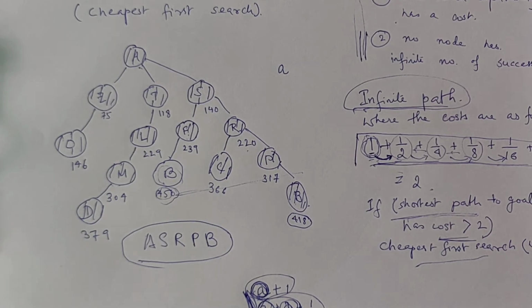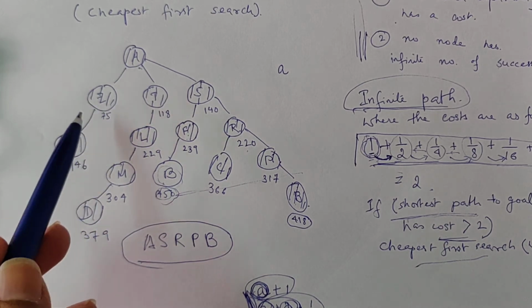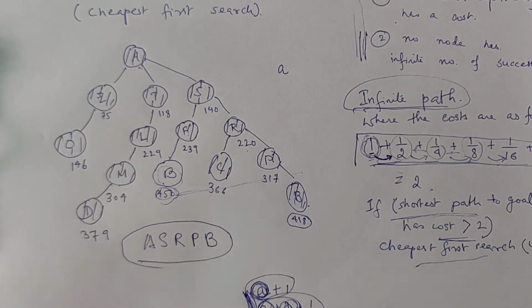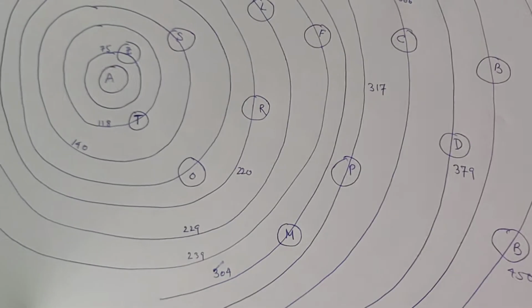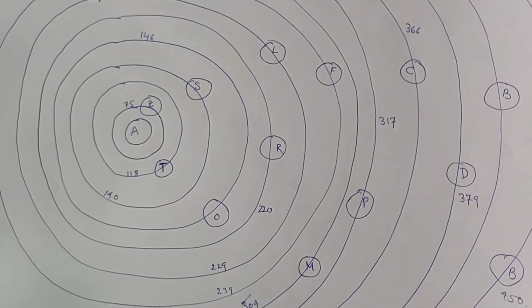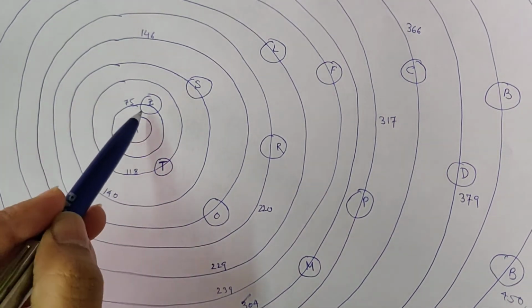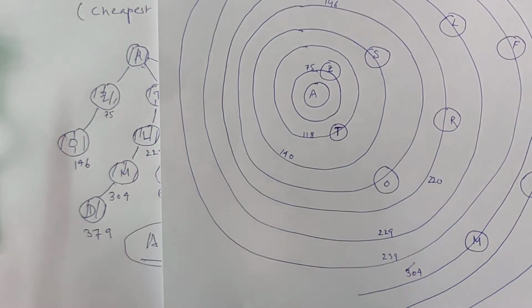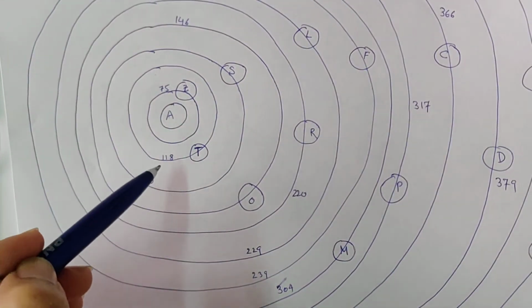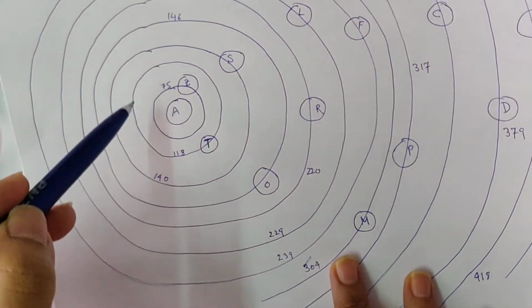Now, as we see, if I plot the path costs from the start node as contours on a paper or on a graph, I get a contour something like this. At the center, I have the start node A. On the contour of 75, I have Z because Z was the path cost from A. On the contour of 118, I have T. What does a contour mean?